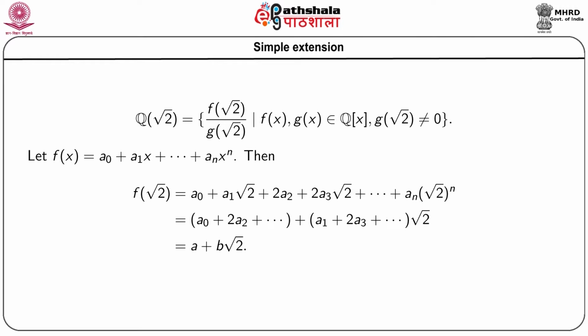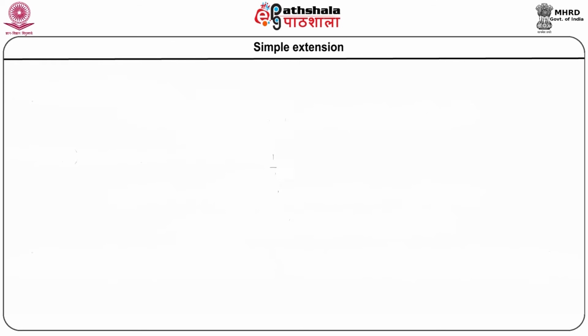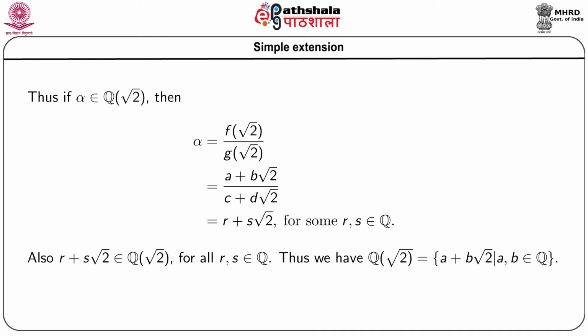If f(x) is a polynomial, say a0 plus a1 x plus so on an x to the power n, then f(root 2) takes the form a plus b root 2. Hence, g(root 2) is also of the form c plus d root 2.